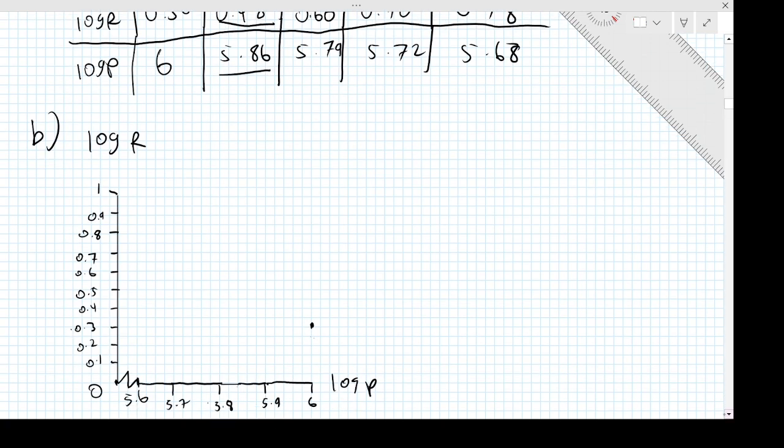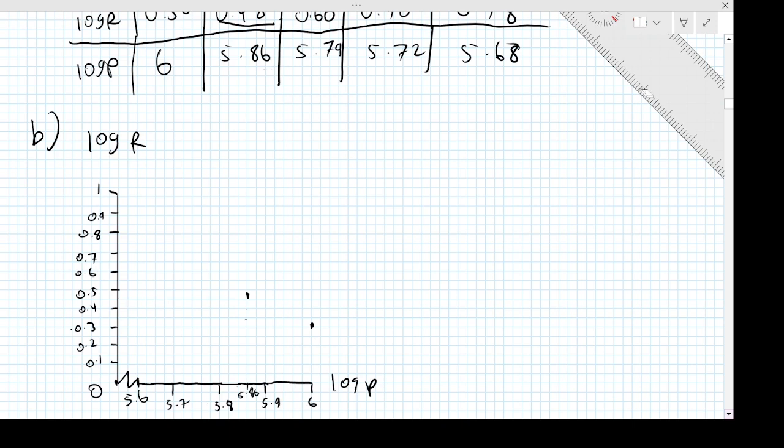So 5.86 is here, against what was it, 0.48. So it'd be somewhere there, right? So again, that's 5.86 if I squeeze it there, and that's 0.48 along log R.